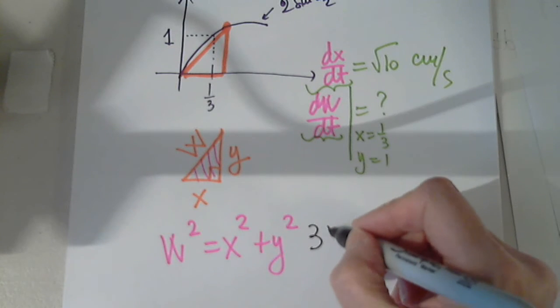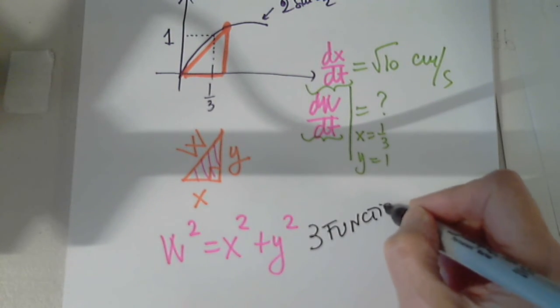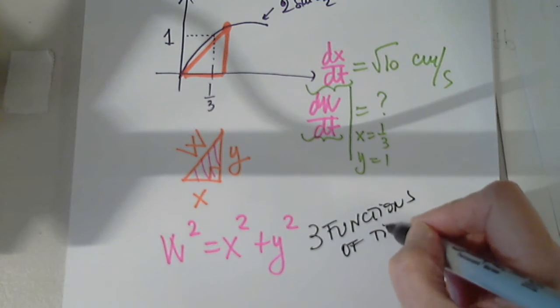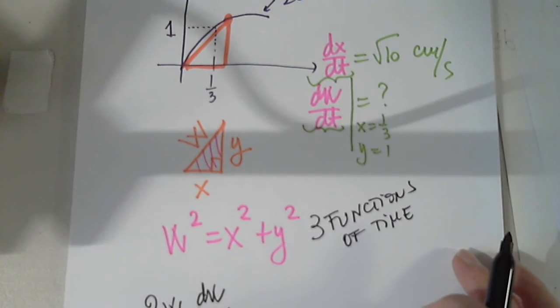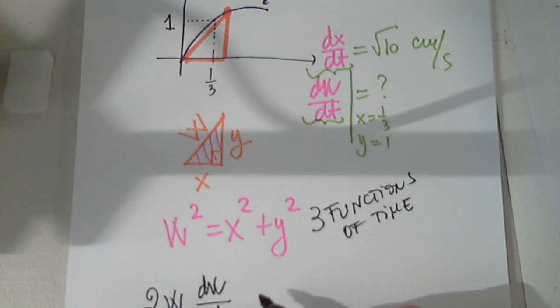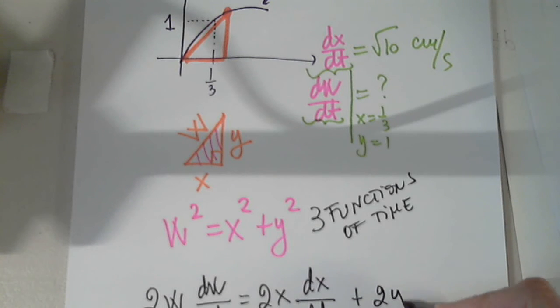So these are three functions of time. We differentiate the left-hand side to 2w dw over dt, and that will equal 2x dx over dt plus 2y dy over dt.